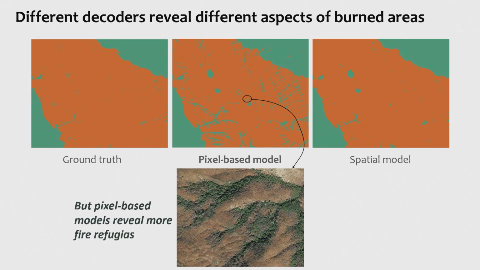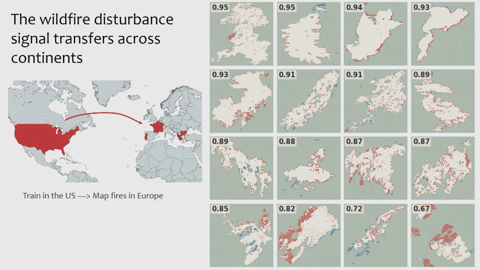And that's really important for recovery of these systems, that there are little patches of forest left where the fire happened. The spatial model actually does a much better job at predicting the ground truth data, but it sort of smears out all that local detail, which is probably very important from an ecological perspective.